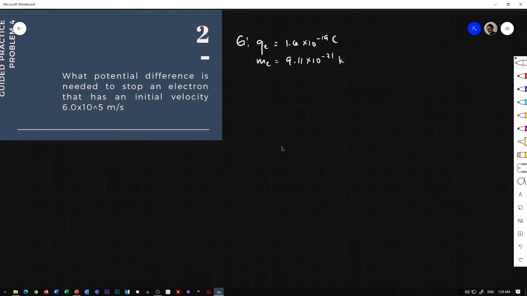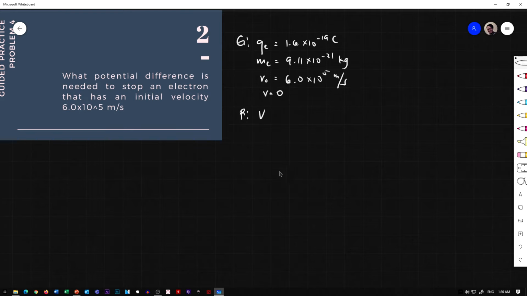Next, we have the initial velocity. There won't be a final velocity since our final velocity here will be 0. This will be 6.0 times 10 raised to 5 meters per second.